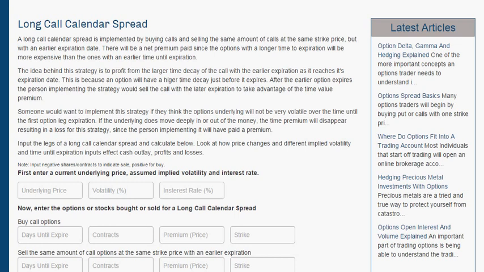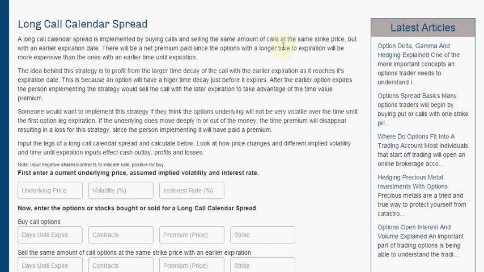Near-term options have a larger time decay than the longer-term ones that are not just about to expire. So the idea here is that if ideally the underlying is not volatile and stays the same, you take advantage of that time decay because you have sold the nearer term option, which is going to go down in price more, and then you have somewhat of a hedge out farther, which is a longer term option that is going to have some time decay, but not as much.